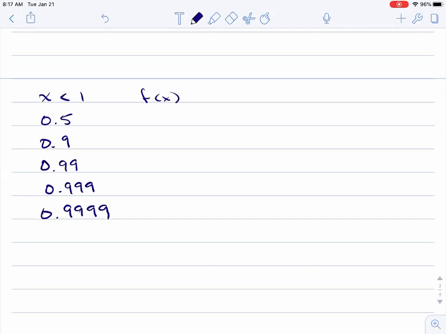So f(x) for the first one would be something like 0.666666. Then 0.526316, and we can just copy these, it doesn't really matter. But it's just to see what's happening here.